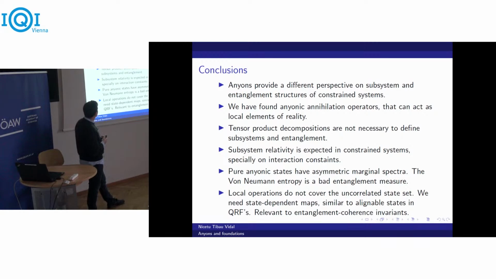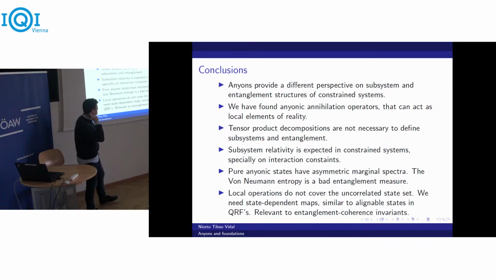Then, subsystem relativity is expected in constrained systems, especially with interaction constraints, and there are ways of dealing with it, especially without thinking about the tensor product. Then, this nice finding that pure anyonic states have asymmetric marginal spectra, and that therefore the von Neumann entropy is a very bad entanglement measure for pure states in anyons, and that local operations do not cover this state set, which I think is similar to alignable states in quantum reference frames.